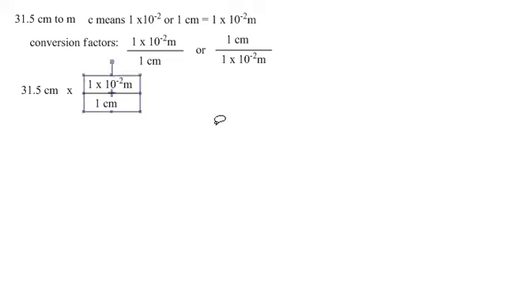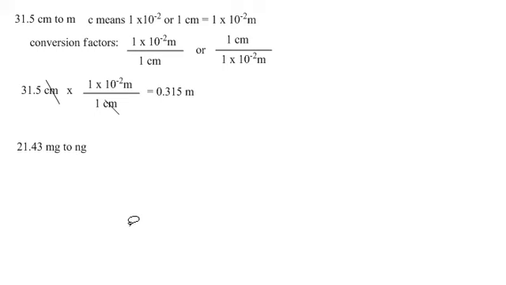So if we multiply this by our first conversion factor that we have above, what you'll notice is centimeters here cancel with centimeters here, and we're left with meters as our unit. And this comes out to be 0.315 meters.